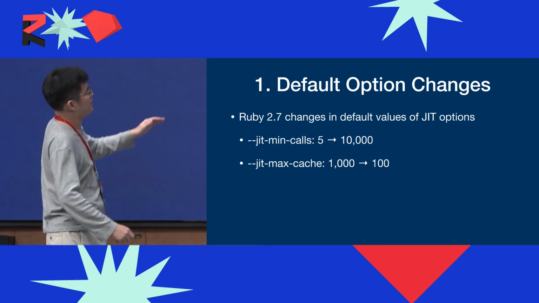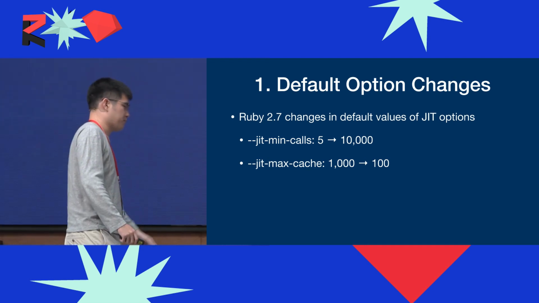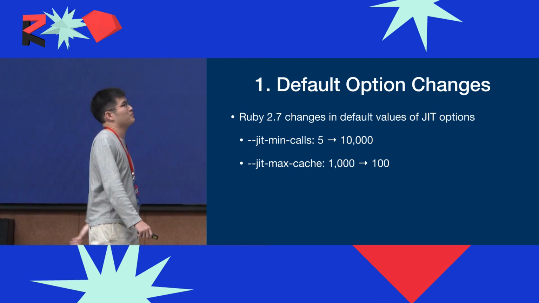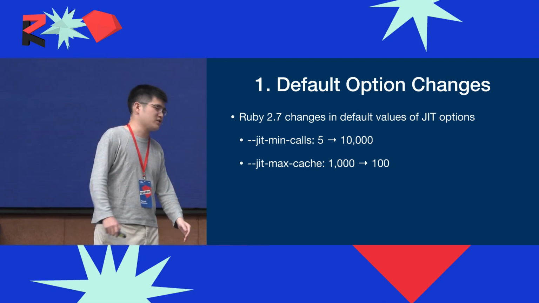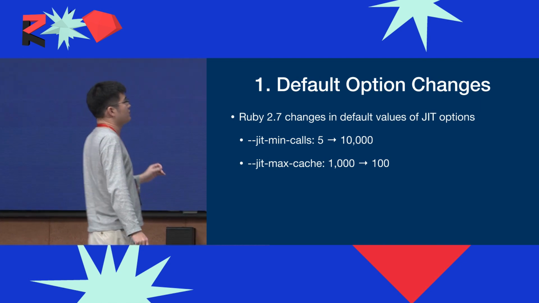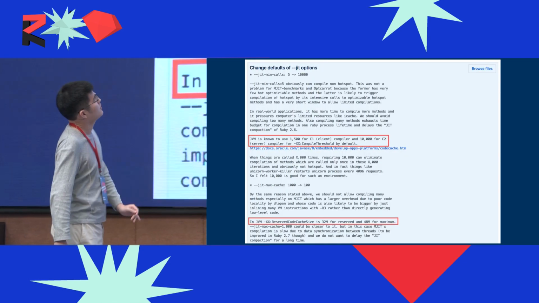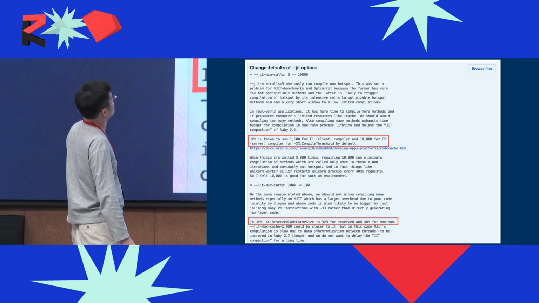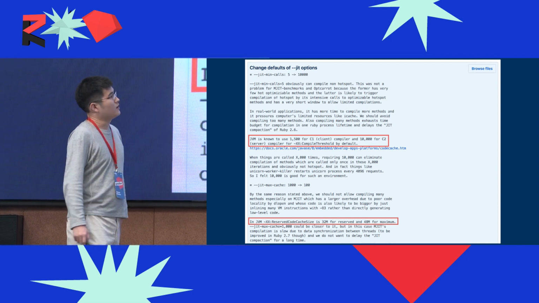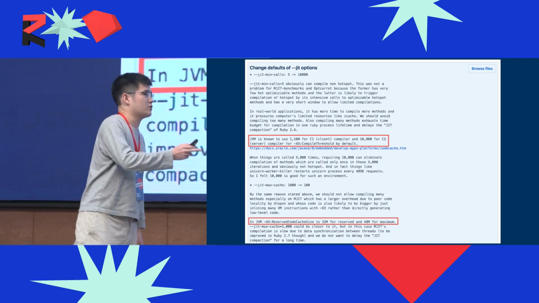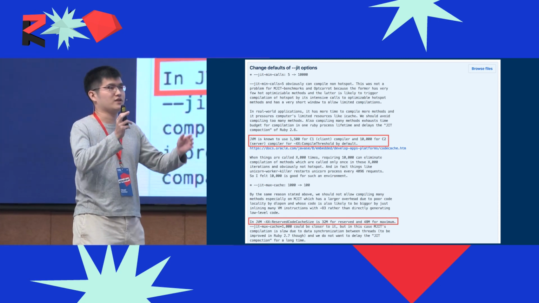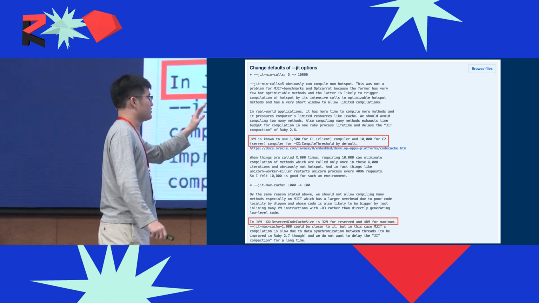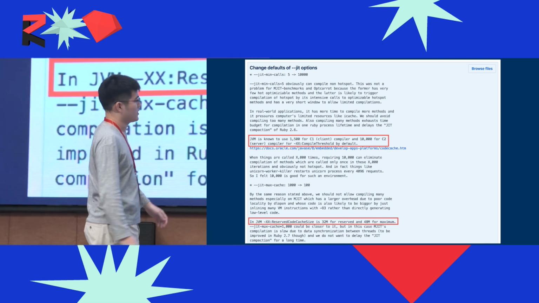So it's decreased, but maybe that may be changed later if we solve some overhead in method dispatch for JIT code. This number originally came from the JVM. The JVM also requires 10,000 method calls for C2, the higher JIT compiler, and the code cache size is not so big for the JVM as well.